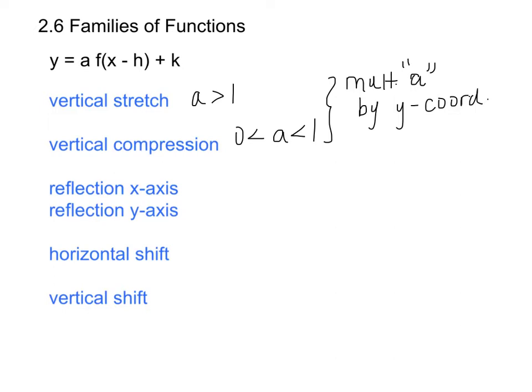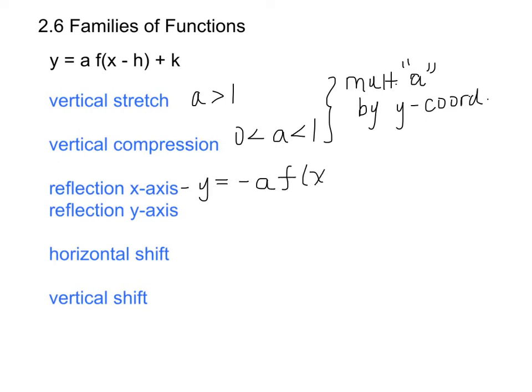Then we have the reflections. If it is a negative A, that will reflect your graph about the x-axis. So your graph will actually flip over the x-axis. So that's only if A is negative. So it'll look something like this.